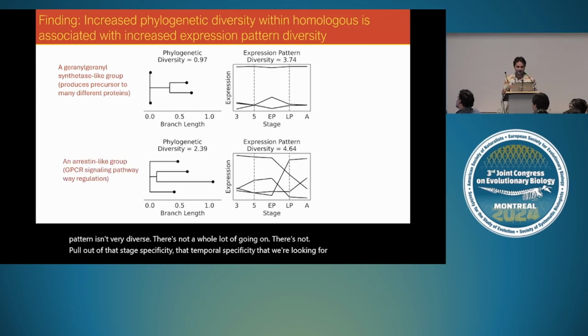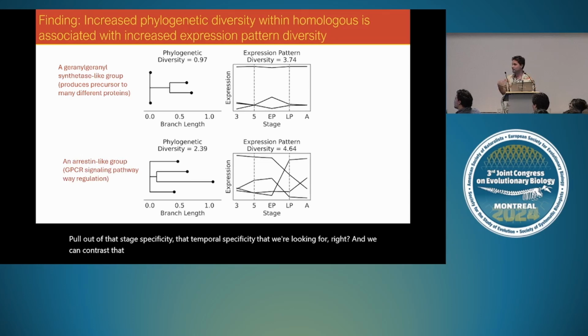We can contrast that with another group that's undergone quite a bit more diversification, and we see that there's a lot more going on in those expression profiles. We start to see more stage specificity: some of the genes in the group are active in the larvae, some in the pupae, some in the adult, and we see a lot more variation in the temporal expression patterns.